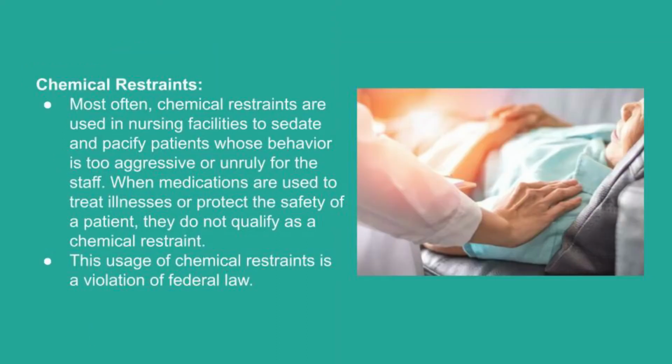Now, most often, chemical restraints are used in nursing facilities to sedate and pacify patients whose behavior is too aggressive or unruly for the staff. Now, it is important to understand that when medications are used to treat illnesses or protect the safety of a patient, they do not qualify as a chemical restraint, but the usage of chemical restraints is a violation of federal law.